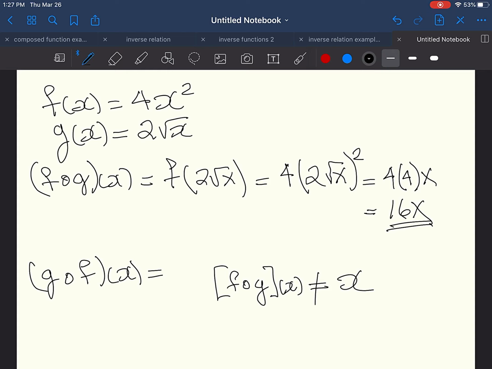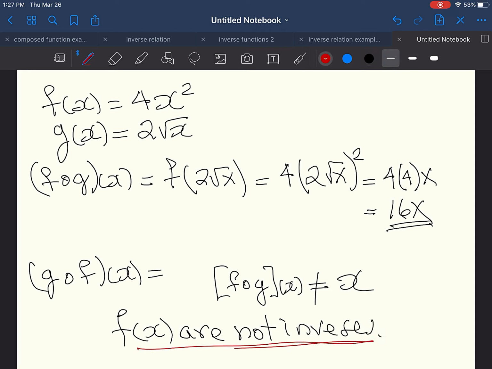Because they are not the identity function, f and g are not inverses, because to be inverses, the composite functions have to be the identity functions. This is the way to prove whether two functions are inverse.